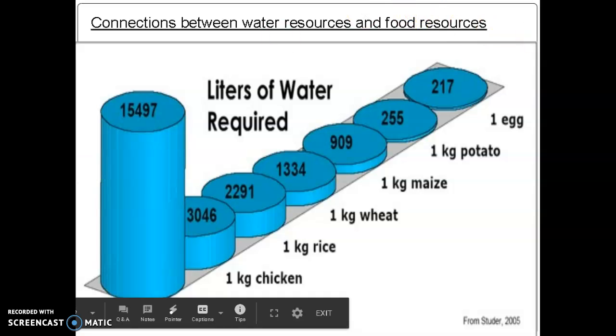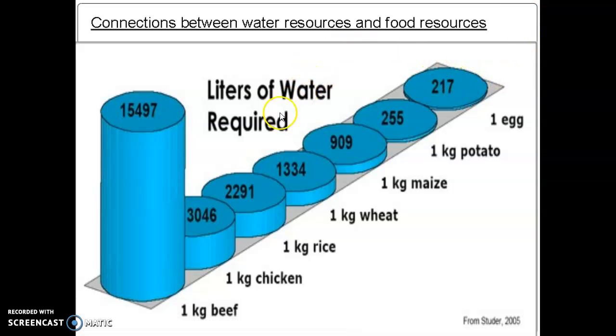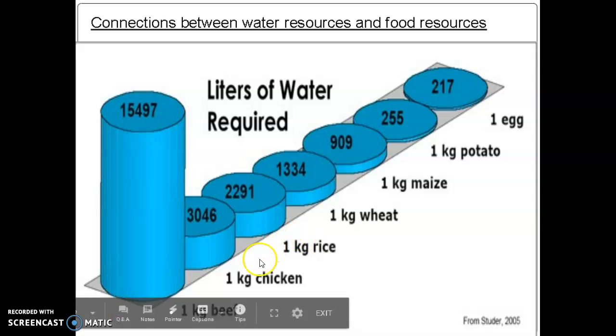So first, one of the only ways that we get food is through water. This graphic is just showing you how many liters of water are required in order to create any one of these things. So for one egg you need 217 liters of water.